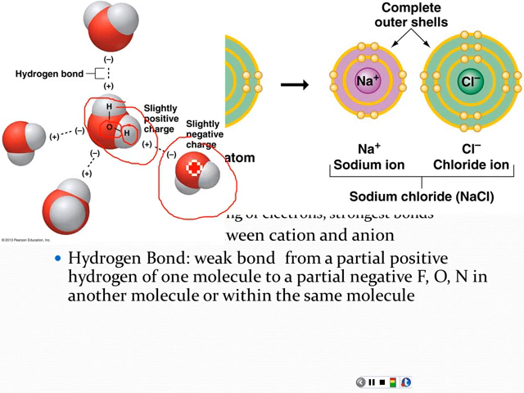It's going to be attracted to its negative side, right? Because this hydrogen side here is partially positive. It wants to attract to the partially negative side of this water molecule. Okay, how about this? It's going to be attracted to the negative, which is the oxygen side. Yeah, very good. Thank you.